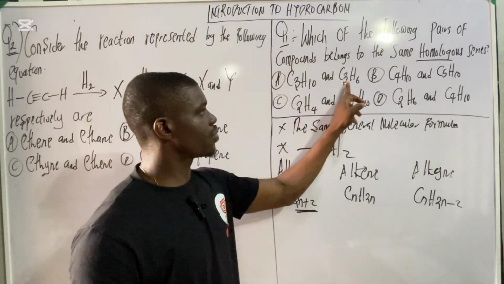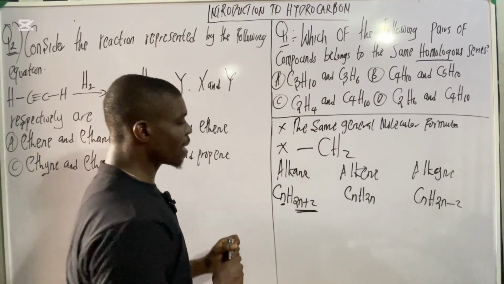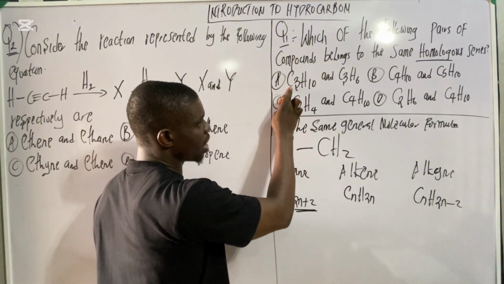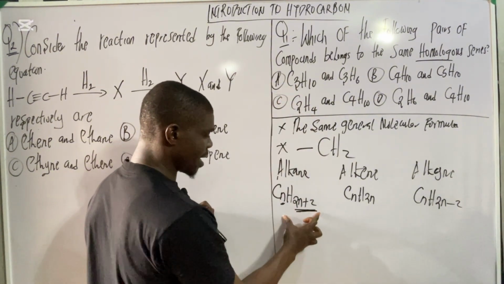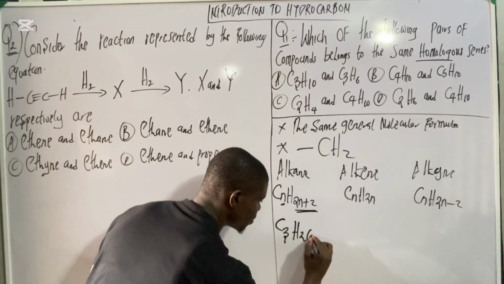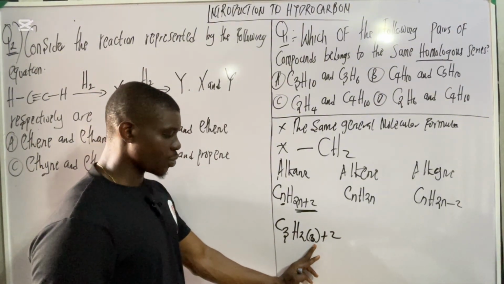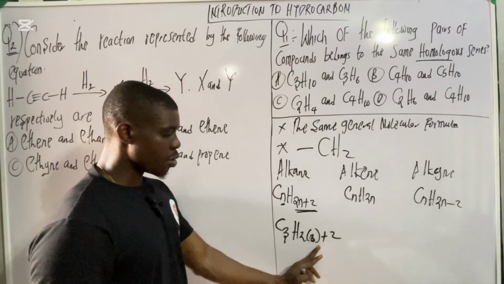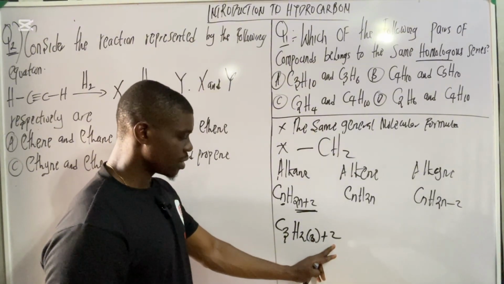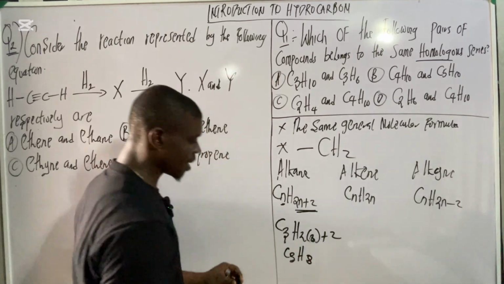Here we have 3 carbons and 10 hydrogens, and here 3 carbons and 6 hydrogens. If you plug 3 into CnH2n+2, you get 2 times 3, which is 6, plus 2 is 8, so C3H8.